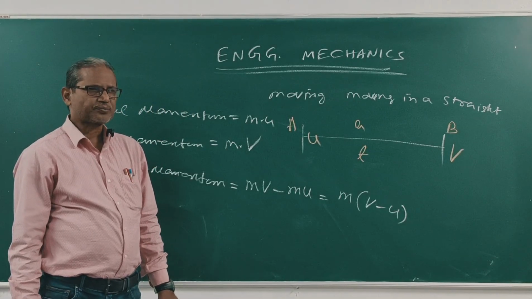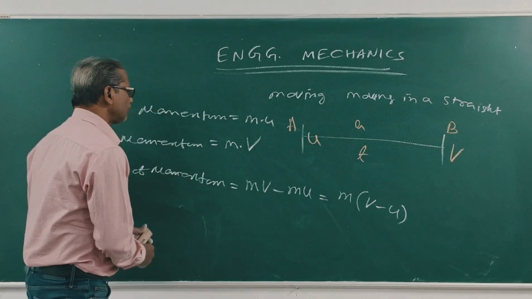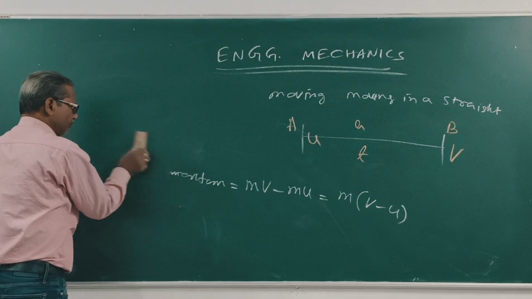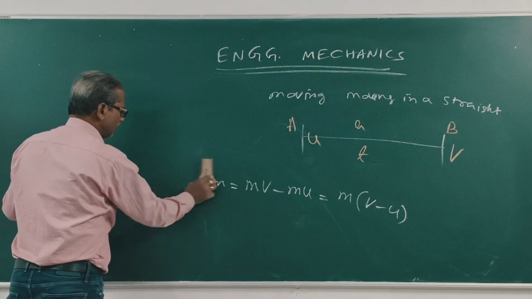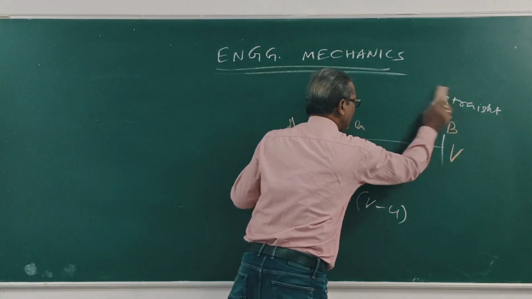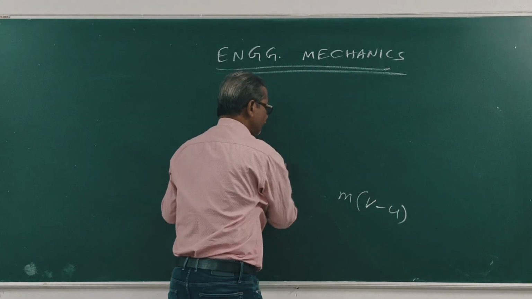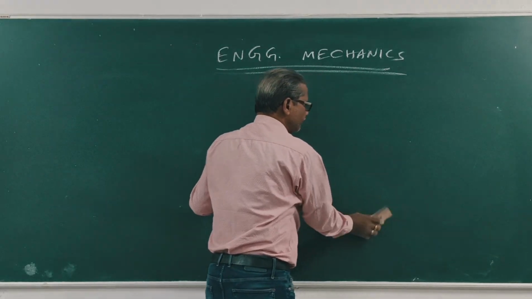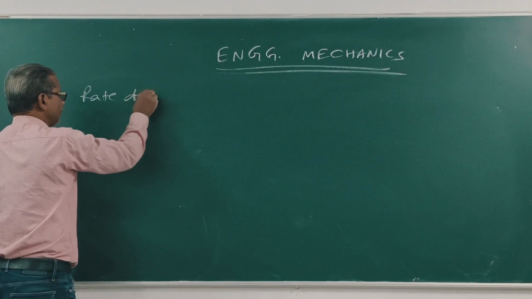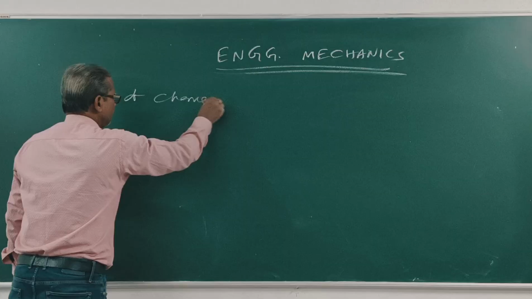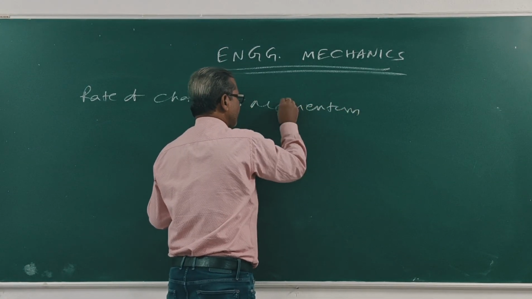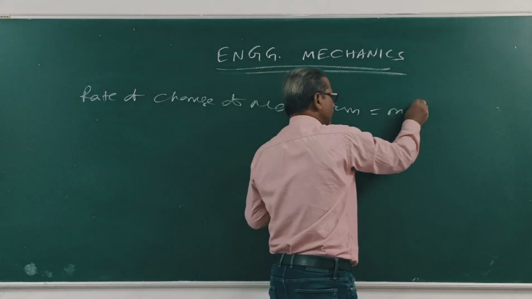Clear? Now, the rate of change of momentum is m into (v minus u) by t.